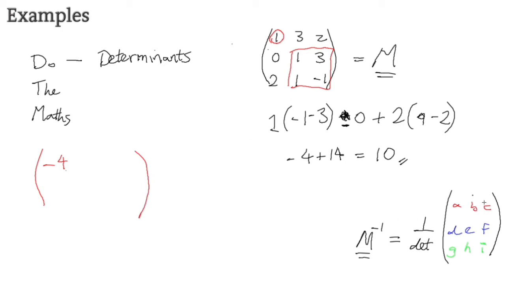Now look at B. For B we have 3, and the minor 0, 3, 2, minus 1. So let's find the determinant: that is 0 minus 6, so it's negative 6.